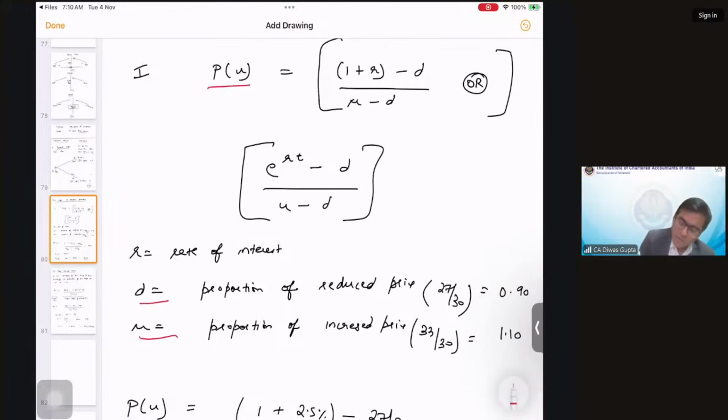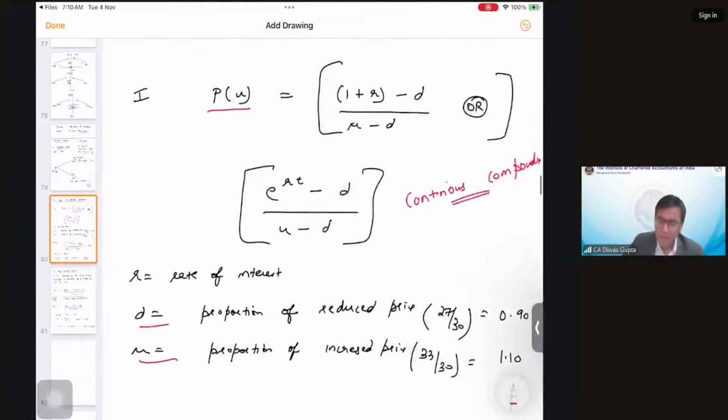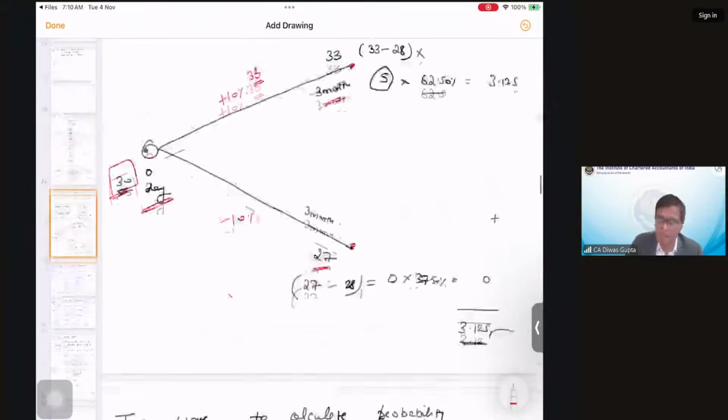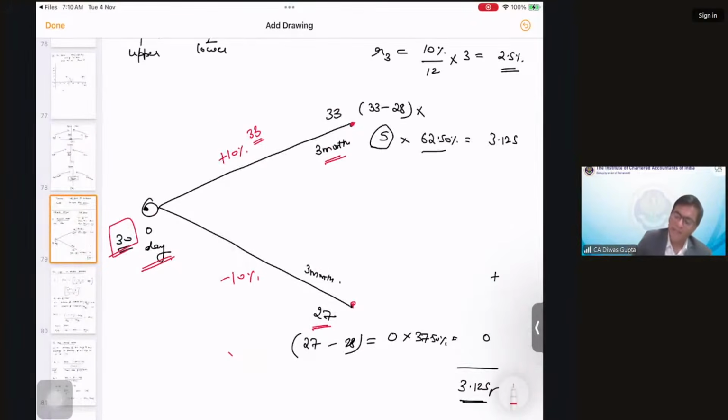However, if there is a case of continuous compounding, then we use this formula: e raised to the power RT minus D divided by U minus D. So this will help you calculate the probability. Using this, we have calculated that the probability of the price going up is 62.5 and the price going down is 37.5, students.